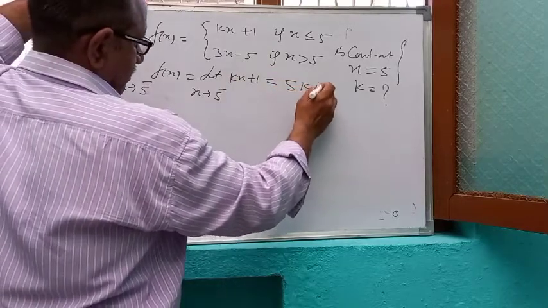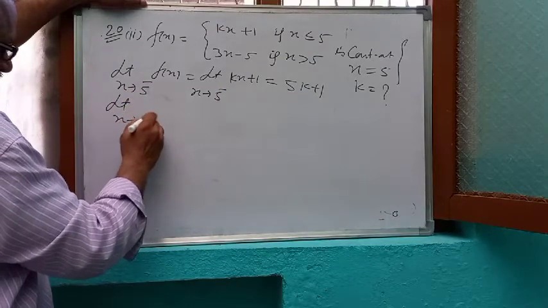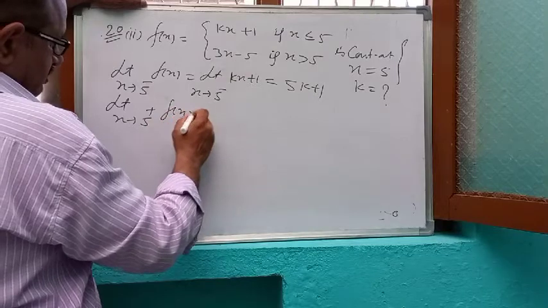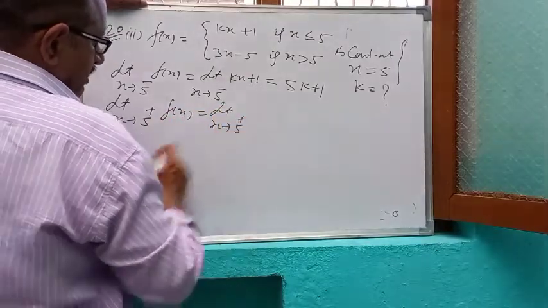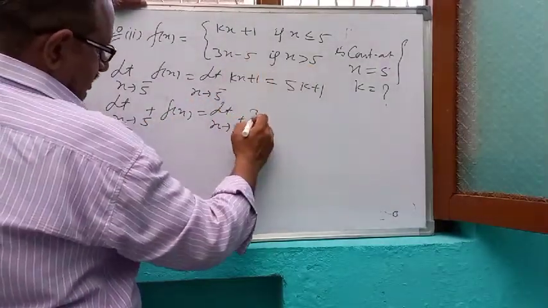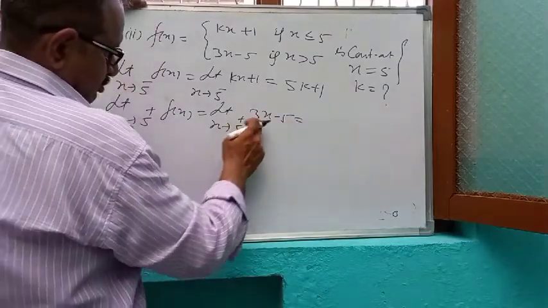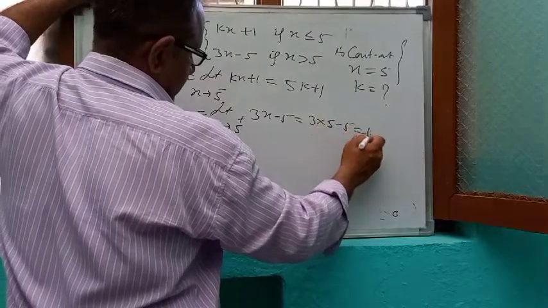So it is 5k + 1. And the right hand limit, x tends to 5 plus. 5 plus means greater than 5. So 3x - 5. In place of x, again put 5. So 3 into 5 minus 5, 15 - 5, 10.